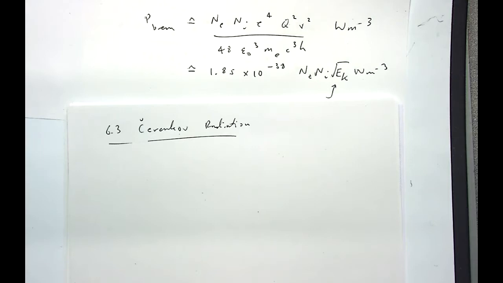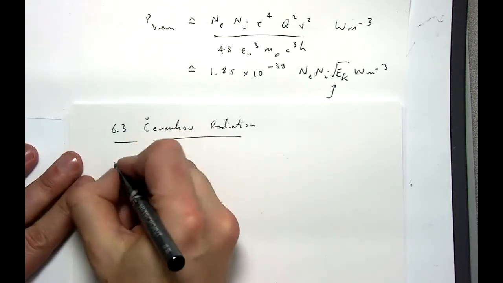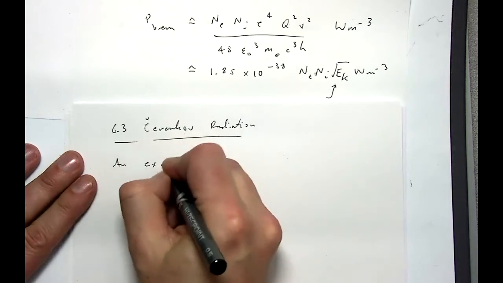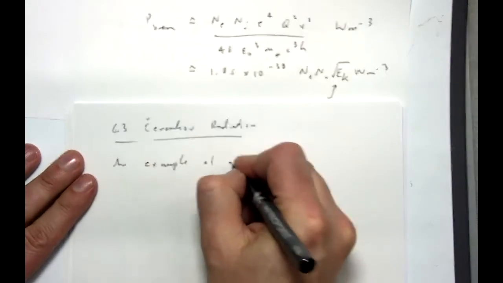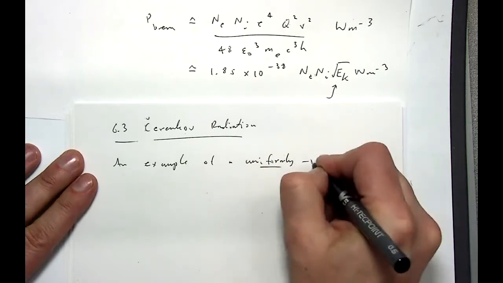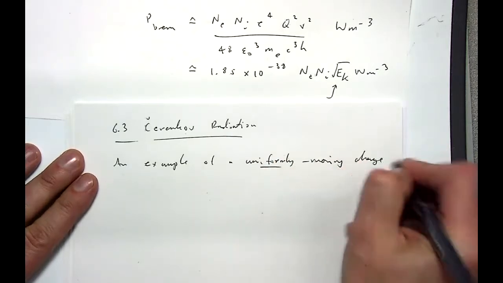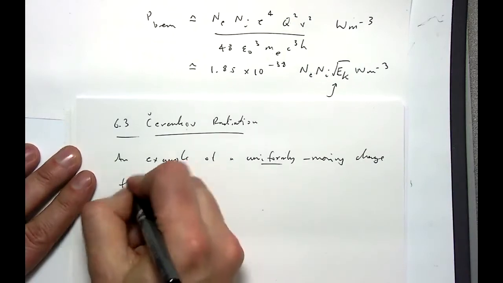And when a charge is moving in a vacuum, that can only arise if the charge itself is being accelerated. However, you can have a uniformly moving charge. So Cherenkov radiation is an example of a uniformly moving charge, one moving at a constant velocity, that does radiate.